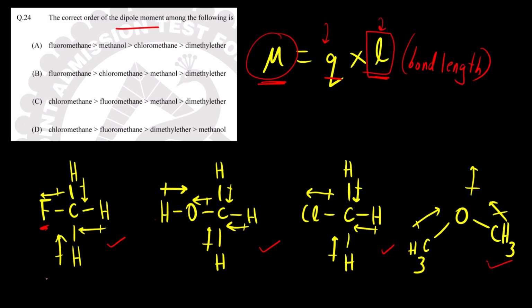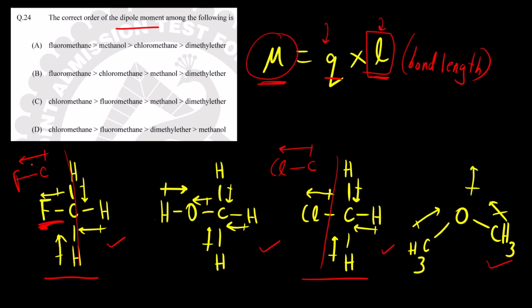Now if you compare fluoro and chloromethane, the dipole moment directions, if you see the methyl part, it is going to be the same in both cases, right? The only difference is the CF bond, and here it is a CCl bond. Both directions are towards the halogen.